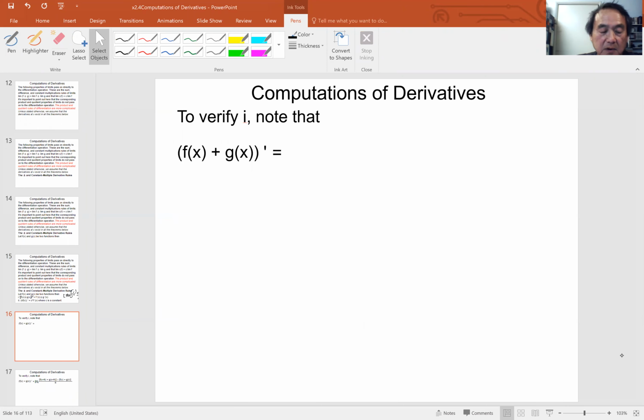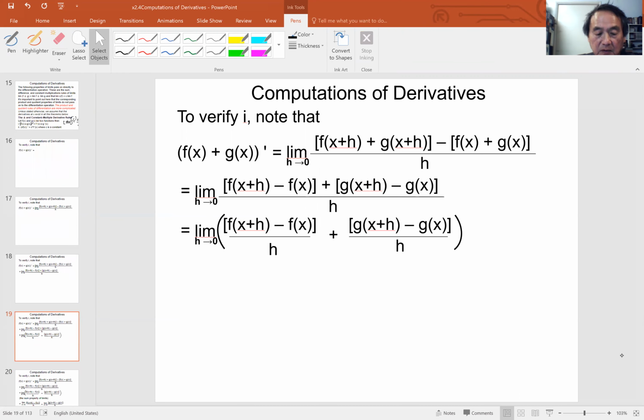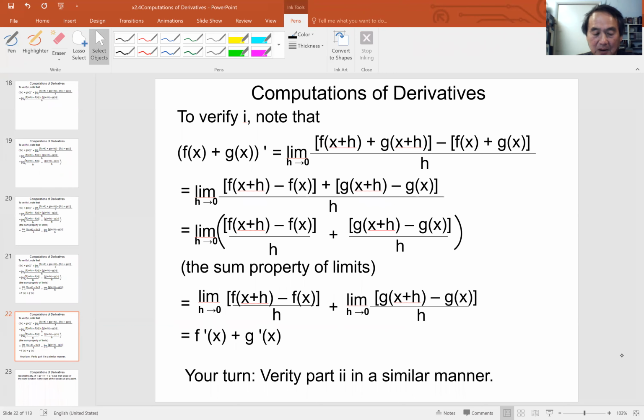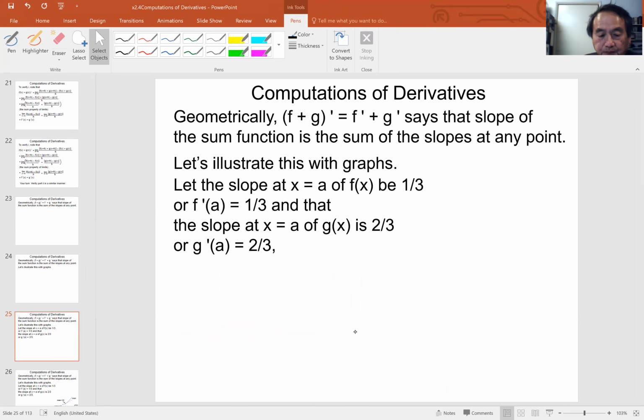If I take the derivative of the sum, then it's going to be the sum of the derivatives. It's basically just rearranging these symbols, and then you can clearly see the derivative of the sum is adding the individual derivatives. Same thing with the difference. You just replace it with a minus sign.